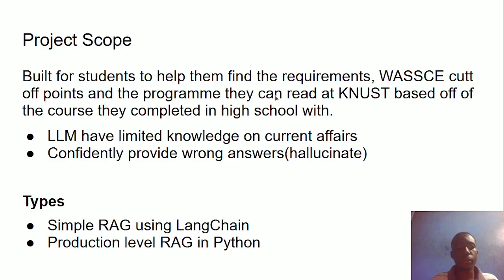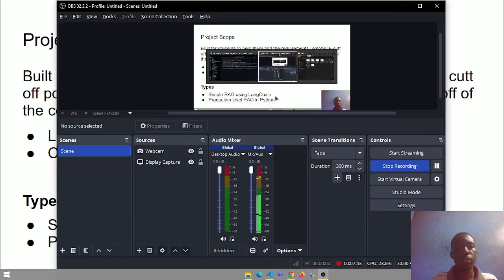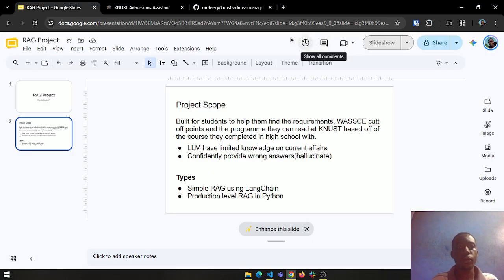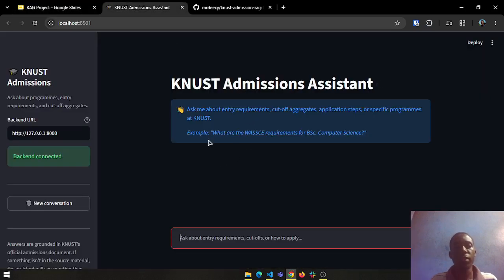I'd like to show you the UI for the admissions assistant. This is our UI deployed on Streamlit. Let's ask an example. What is the entry requirement for reading computer science?